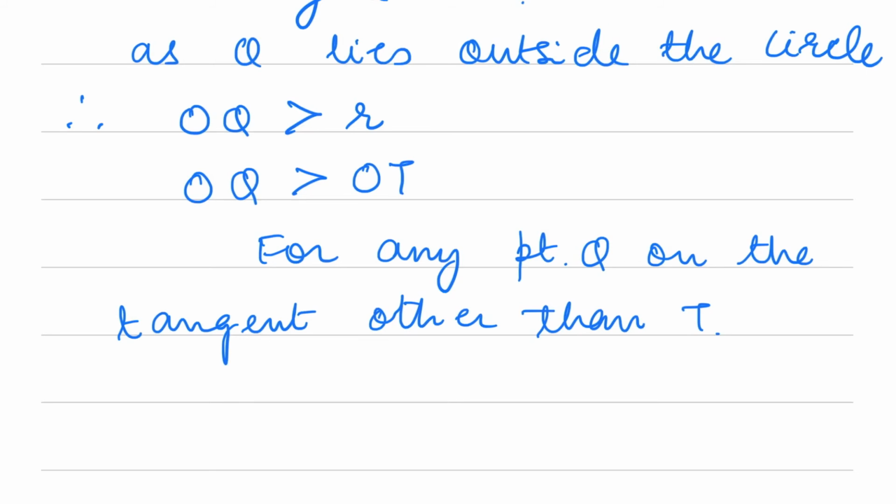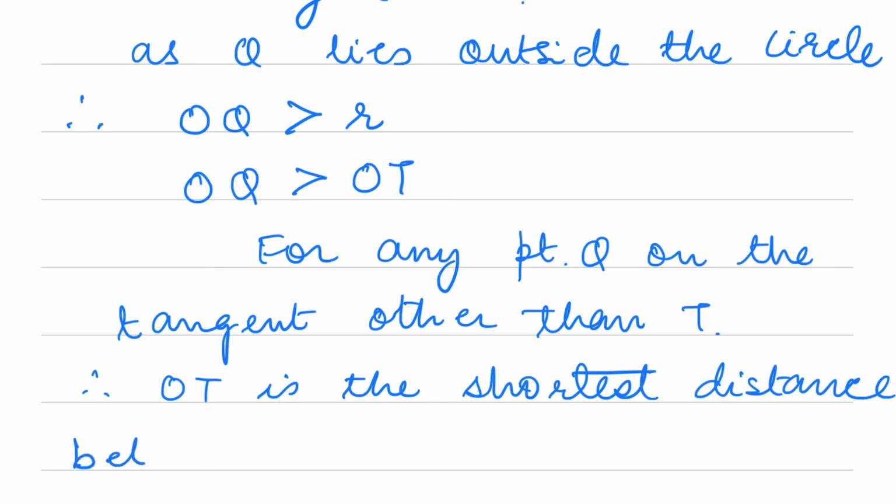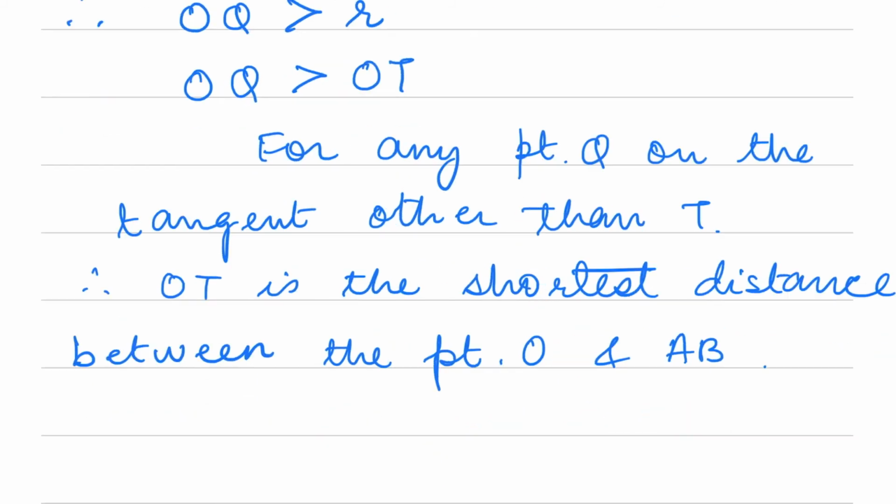We can say therefore OT is the shortest distance between the point O and tangent AB. We can say OT is perpendicular to AB.